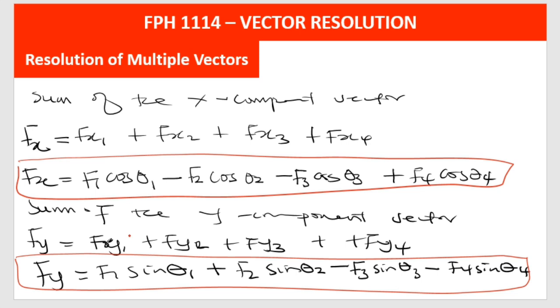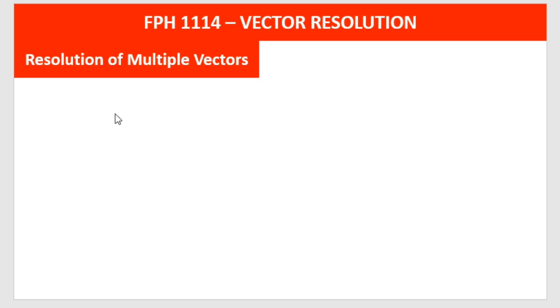So after everything, let's go back to this. At the end of the day, we have succeeded in resolving this. The whole of this component has been resolved to what? fy and fx successfully.